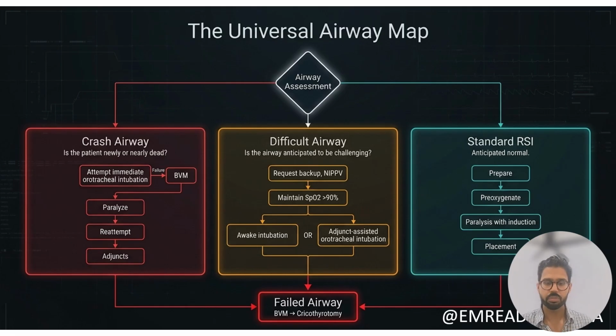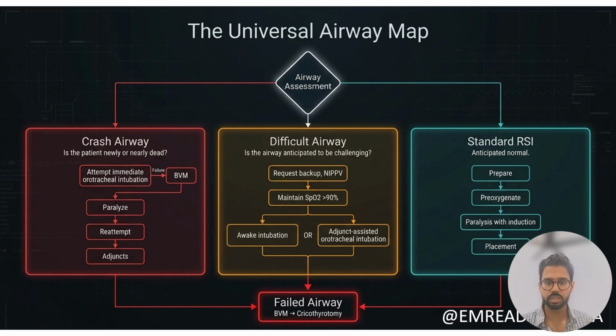So first and foremost, we can anticipate whether an airway is going to be challenging, and we're going to go into some of the criteria as to what makes an airway challenging. First and foremost, we want to request backup. At the same time we're requesting backup, we consider other avenues of non-invasive positive pressure ventilation. Here the objective is to maintain your O2 sats above 90%, so acceptable for life.